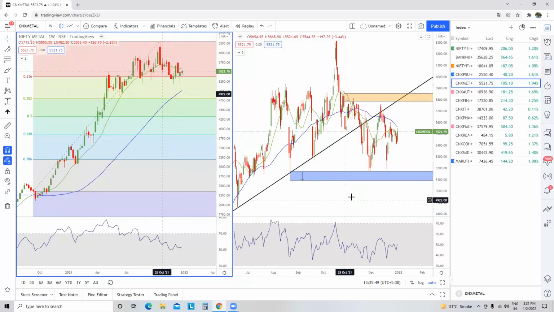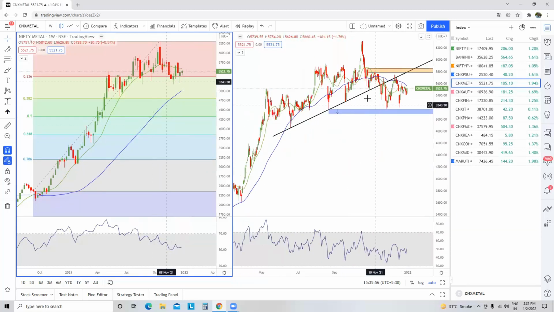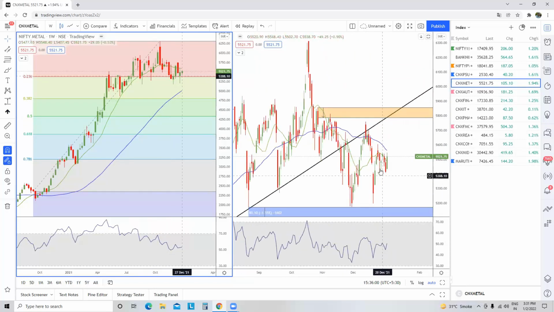Now, if you look at the daily chart, this particular Fibonacci retracement I'm sharing over here is almost the same levels, which is the horizontal support band. But if you look at the way the prices are moving, I feel that it is completely flat. So as a trader, I would not like to concentrate on the metal pack right now.